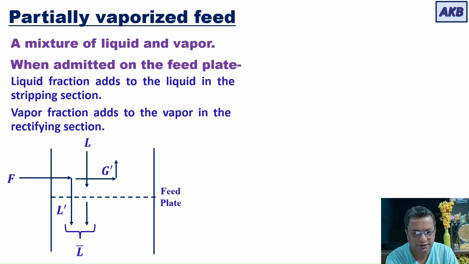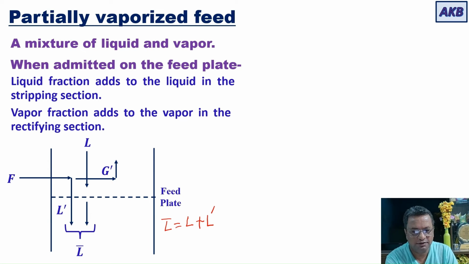That means here, if I wish to write a relationship, simple L bar, that is molar flow rate of liquid in the stripping section, will be the addition of L, molar flow rate of liquid in the rectifying section, plus L dash, molar flow rate of the liquid part of the feed.